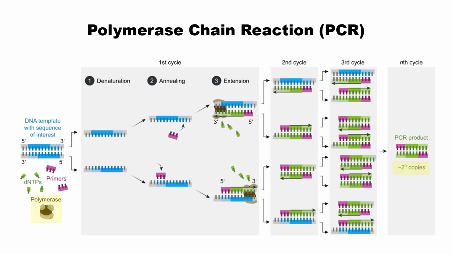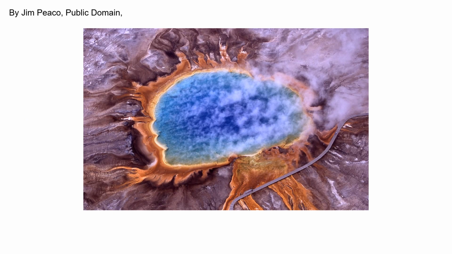Here the key catalyst is a polymerase. Polymerase is a protein enzyme. Then in this reaction process, how can the polymerase survive the high temperature up to 95 degrees? Well, the secret came from bacteria living in hot springs. It's a really interesting idea.